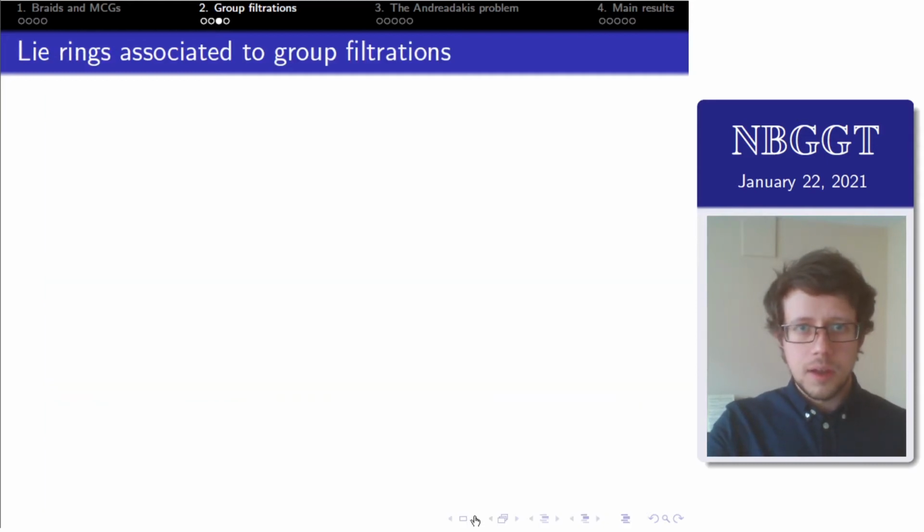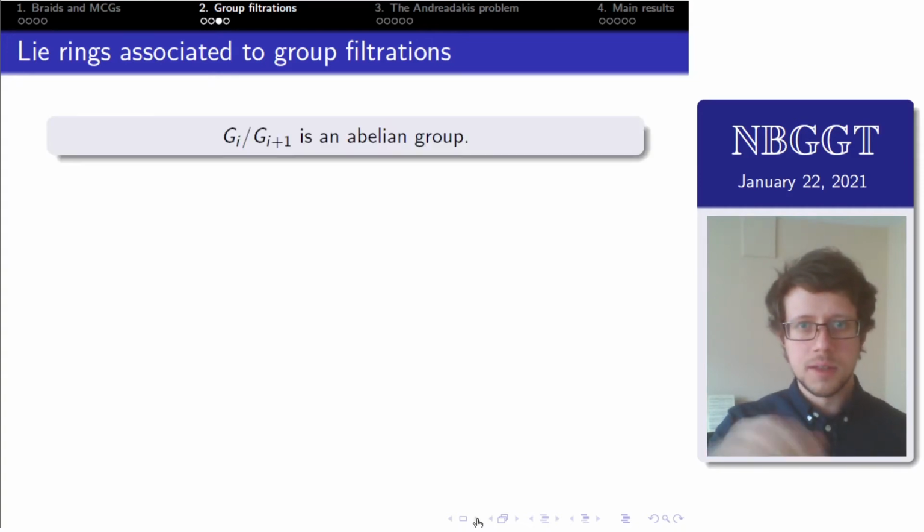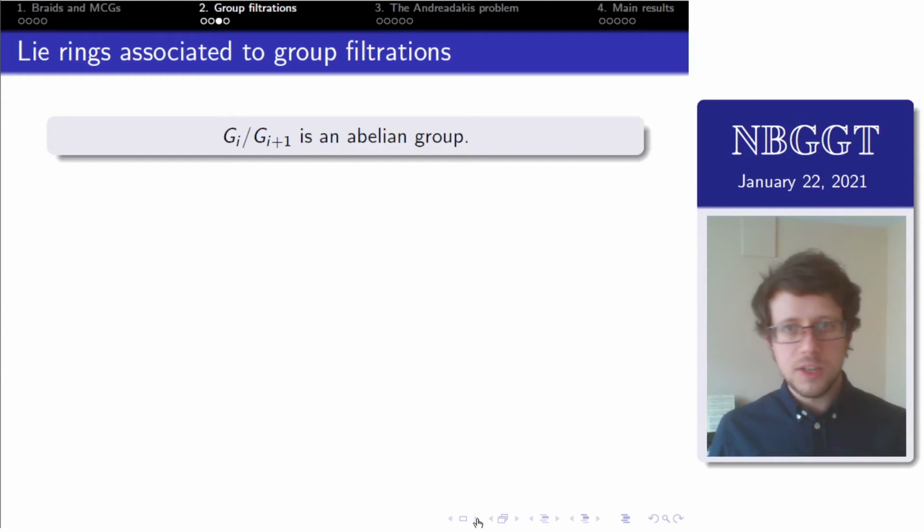So why are such filtrations very important? That's because we can study them through their associated graded, which are Lie rings, that is, Lie algebras over Z. So if I have a filtration, I can take the quotient of G_i over G_{i+1}.